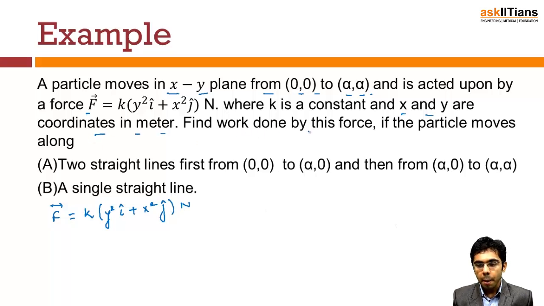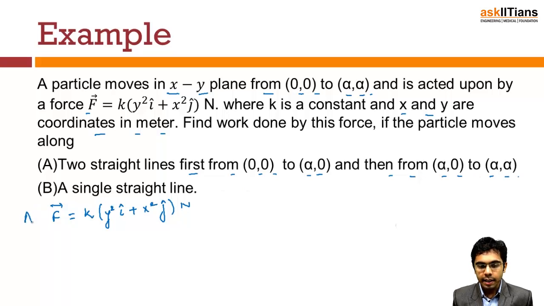Find the work done by this force if the particle moves along two straight lines, first from 0,0 to A,0 and then from A,0 to A,A, and part B is along a single straight line.